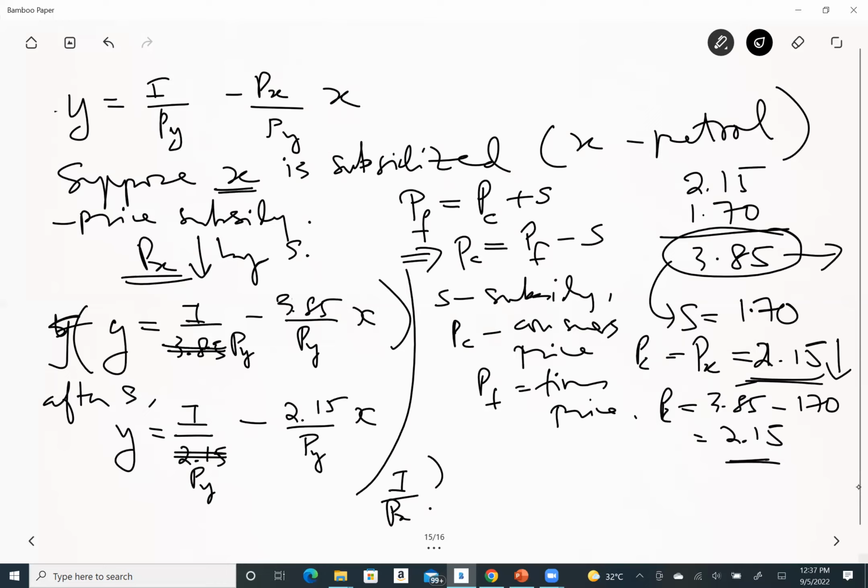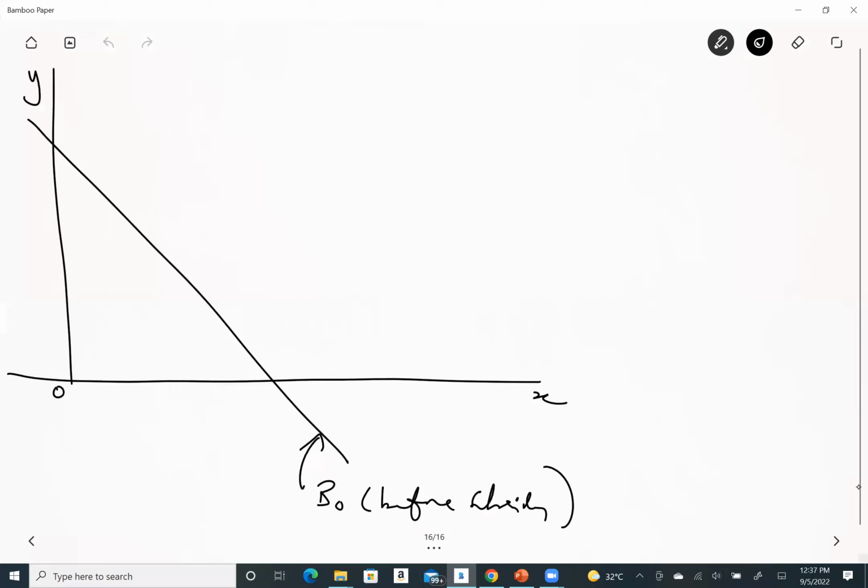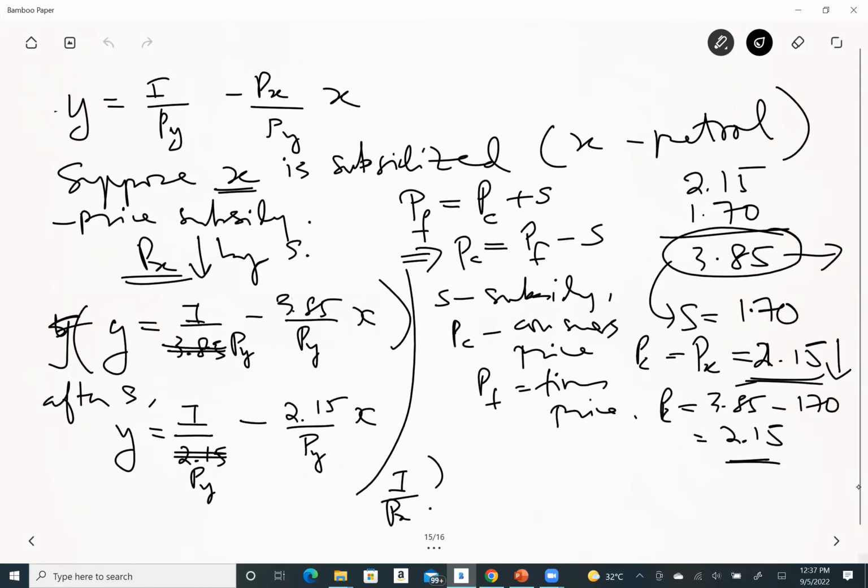Okay, so I over PY. So when the price of X decreases, the real income in terms of Y, here, there is no change. The change will be the relative price, the price ratio.